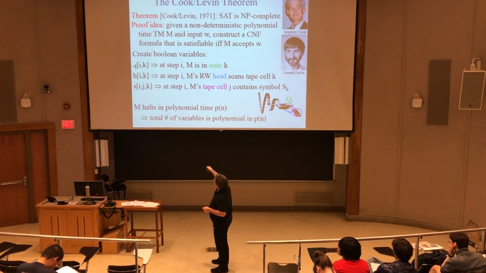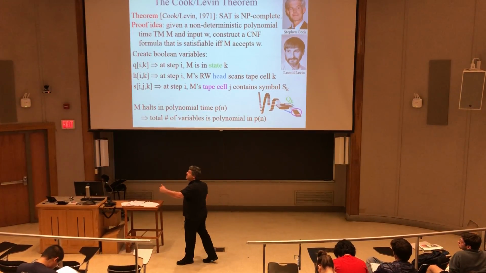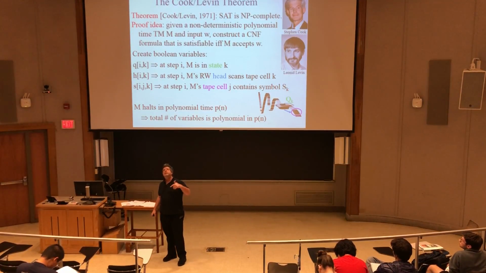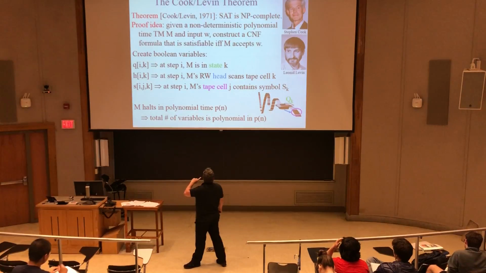So there's only a polynomial number of Q's and a polynomial number of H's. In fact, it's quadratic if p of n is quadratic. This one, i j k, i goes from 1 to quadratic. The tape cells will go also from 1 to quadratic because you can't use more tape cells than you have time to use. So the space will never exceed the time. How many get that at least? Okay, good. That's a lot of you.